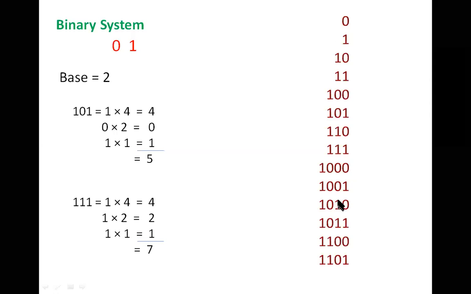So let's give weight to each digit, each place. This digit has a weight 1, this digit has a weight 2, this digit has a weight 2 squared, 2 cube, and so on. This digit has a weight 2 cube, which means 8. 2 cube means 4, 2 2s are 4, 4 2s are 8.